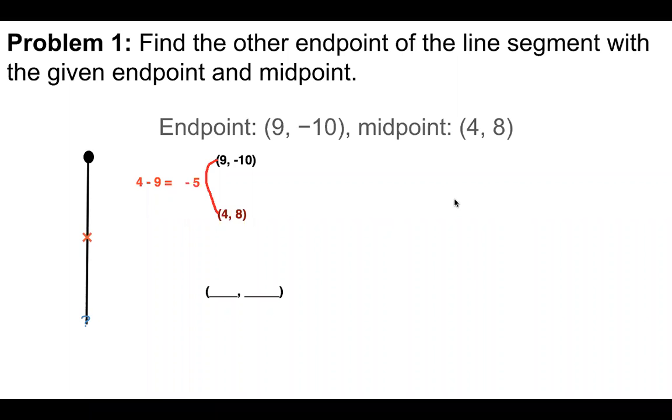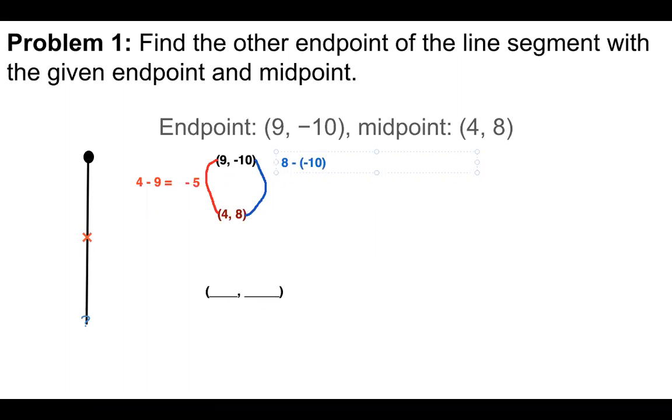I need to find the bridge between -10 and +8. And this one's a little bit trickier. I can't tell just by looking at it. So I'm going to do reverse subtraction. I'm going to start with 8, that middle number, and subtract -10.